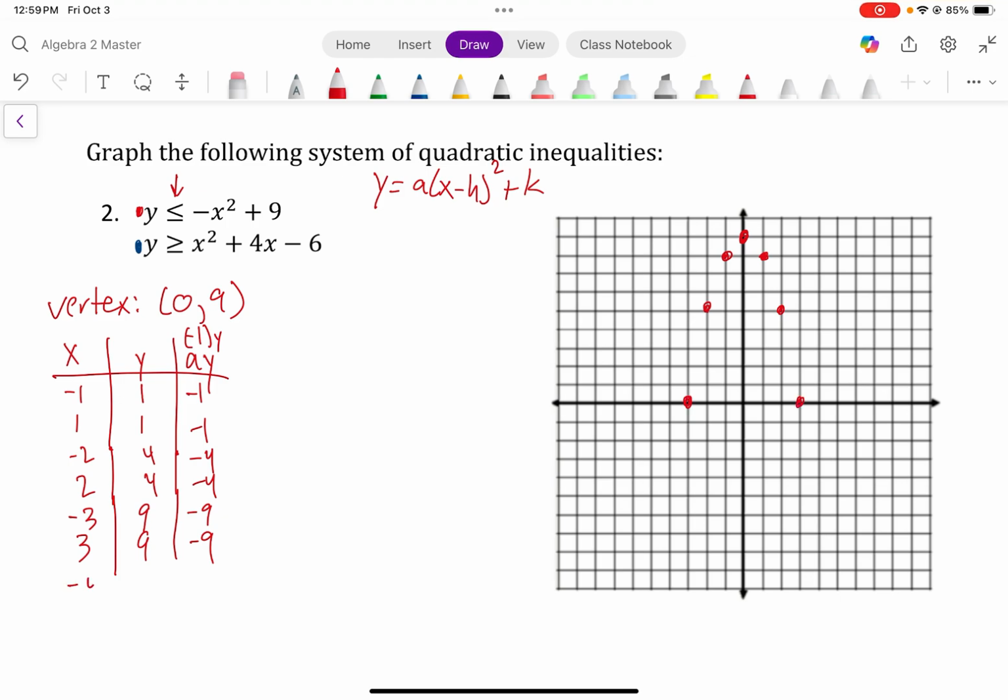Then I could go left 4 and right 4, which is going to end up being down 16 from that first one. So down 9, 10, 11, 12, 13, 14, 15, 16. I could keep going if I wanted to, but at this point I have a strong idea that it's not going to end up on my graph anymore. So I get my solid parabola.